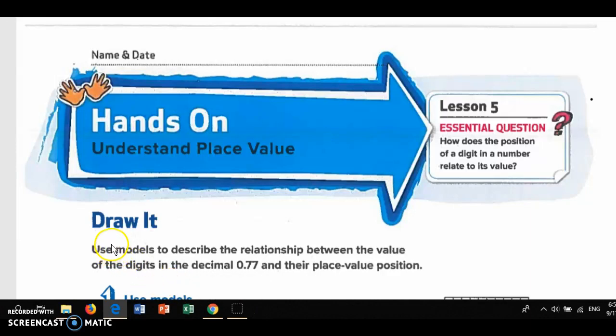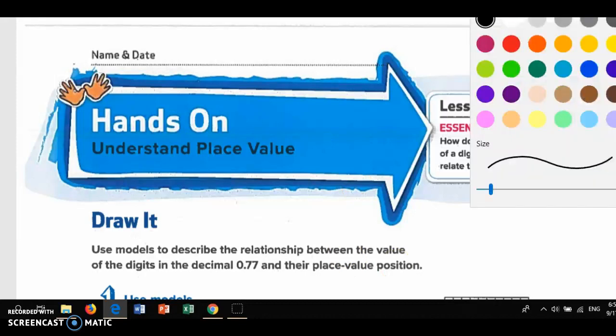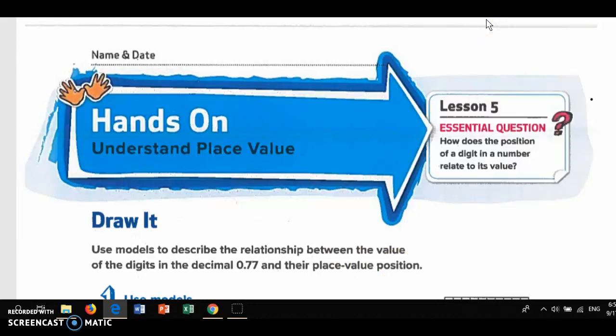Let's have a look at use your model to describe the relationship between the value of the digits in the decimal 0.77 and their place value position. Now, if you can remember, we changed the fraction to a decimal.